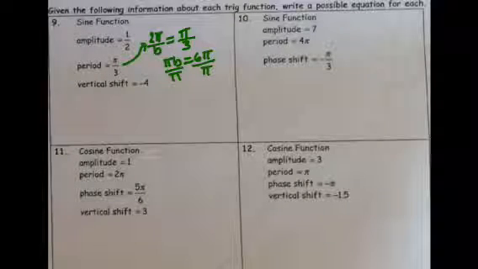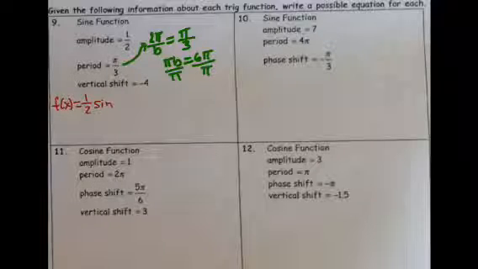For numbers 9 through 12, we have to write an equation. For 9, it's a sine function. The amplitude is 1/2, so you can write f of x is 1/2 sine. Now you have to calculate b. Use the period to find b.